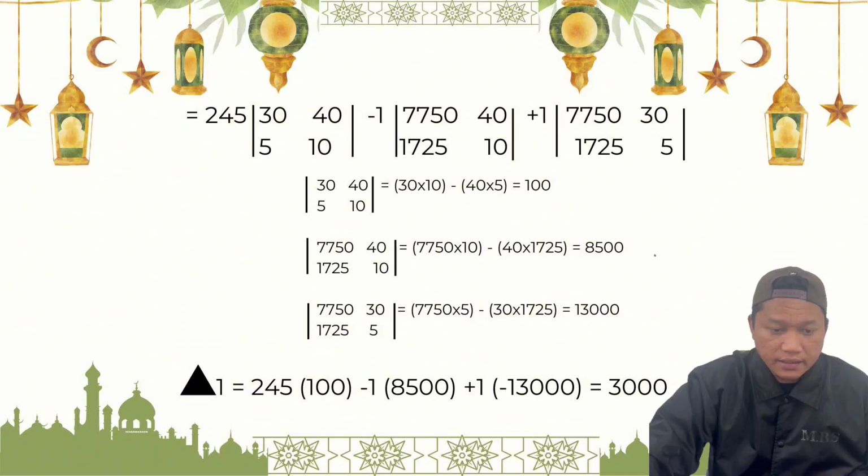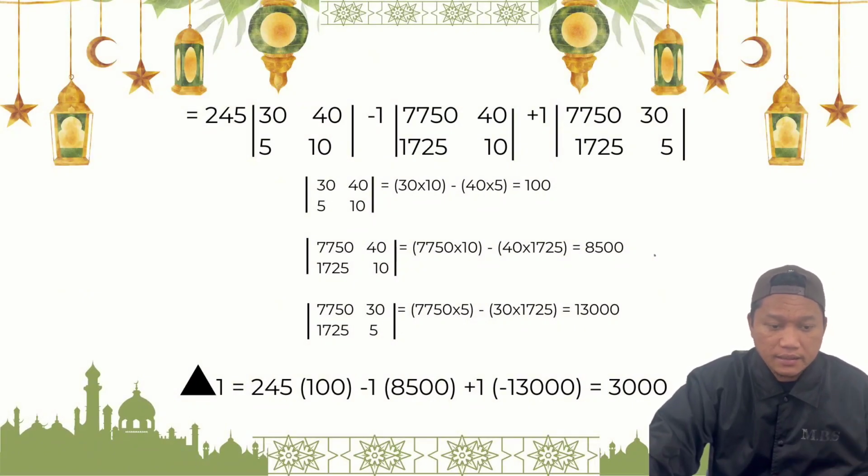We calculate each of the 2 times 2 determinants separately. First determinant [30, 40; 5, 10] equals 30 times 10 minus 40 times 5, equal to 100.